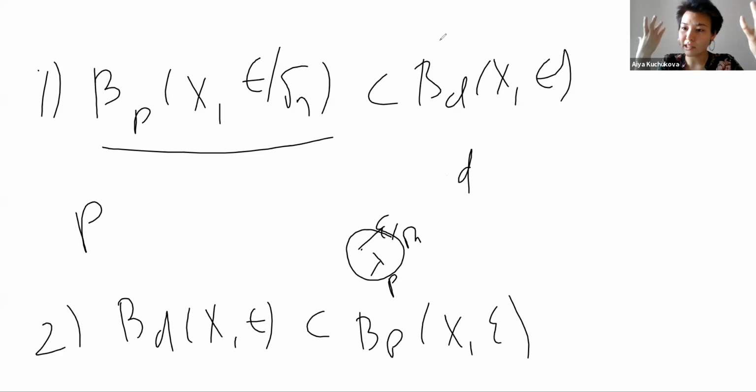And when your first result is that one topology is finer than the other, and your second result is that the other topology is finer than the first, your conclusion is that they are equal. Does that make sense? Yep. Okay, great. So what we got is that they are actually the same topologies.